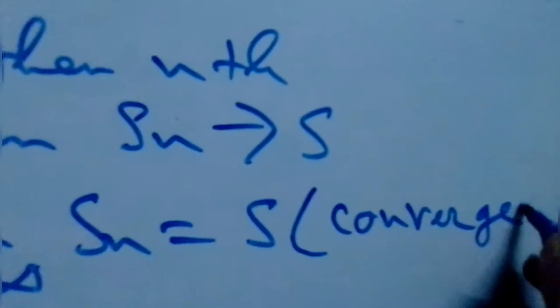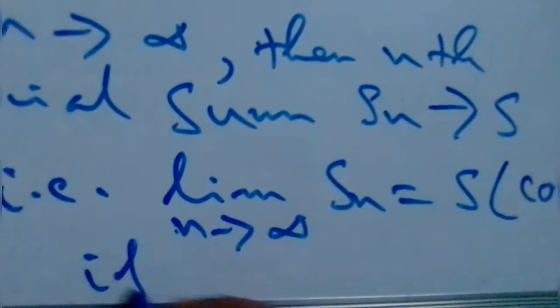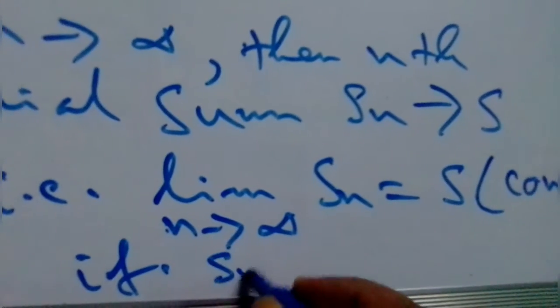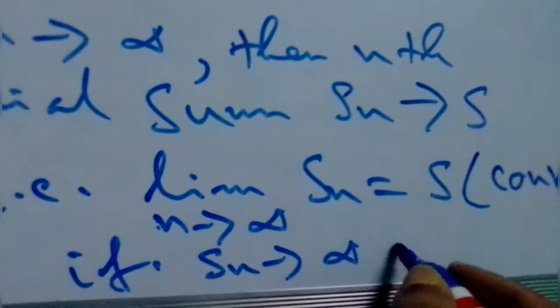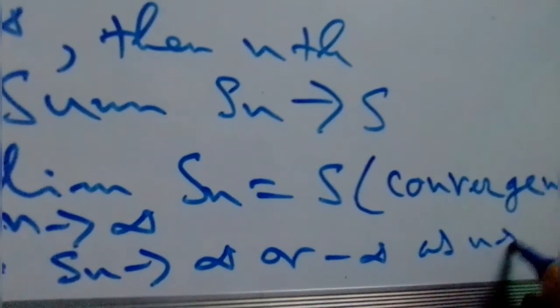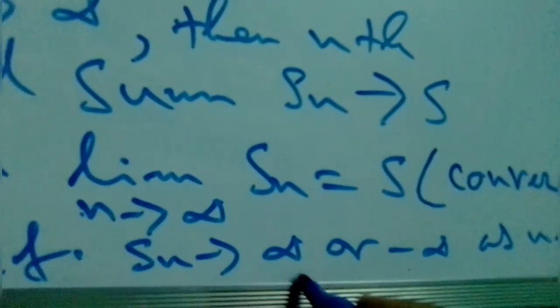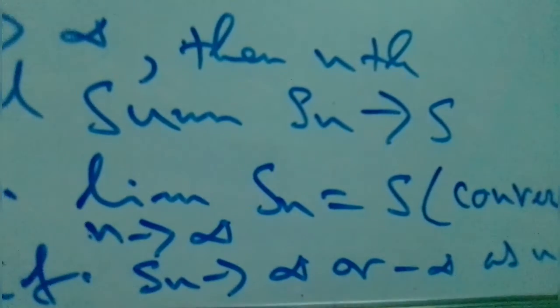If Sn tends to infinity or minus infinity as n tends to infinity, then it is called the divergent case. Obviously, it is divergent.